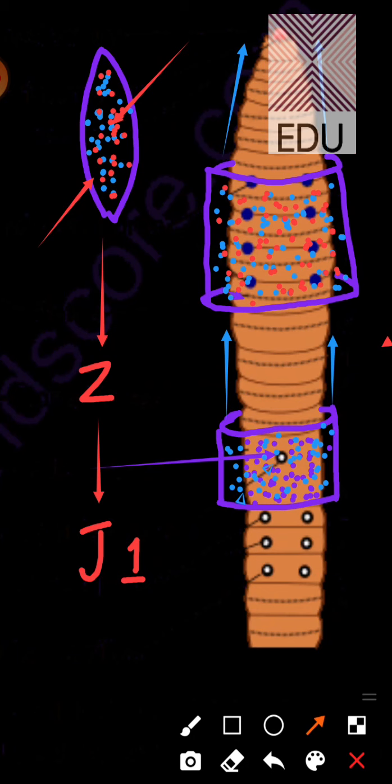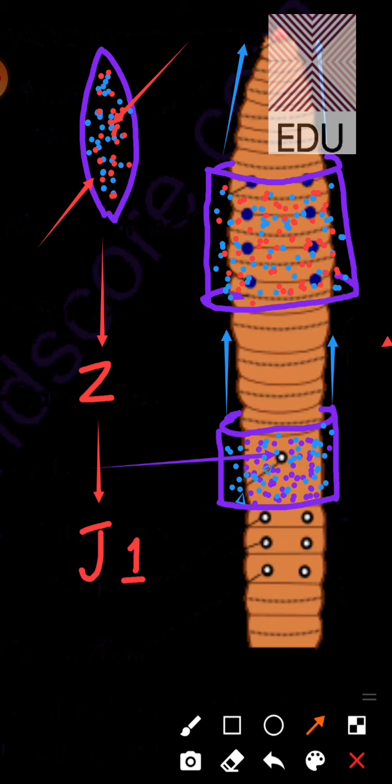Then it goes in the forward direction with the bodily movements of the earthworm, up to the level of the spermathecae. The red colored sperms, which are of the other earthworm, are given out of the spermathecal sacs, and it comes out and becomes spindle shaped.